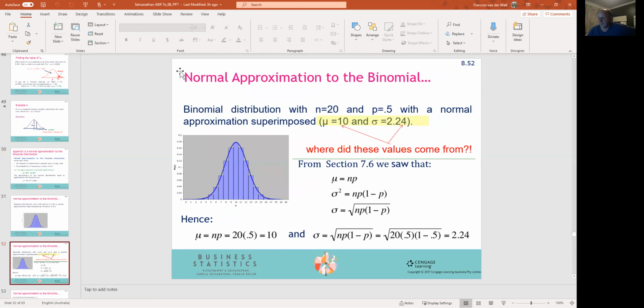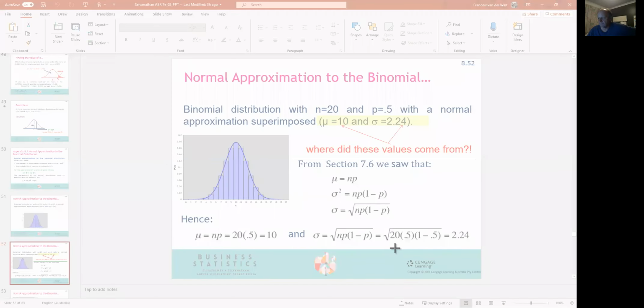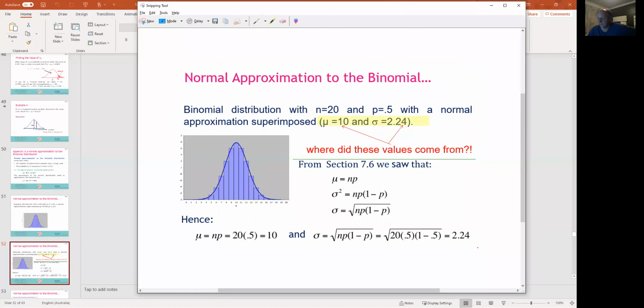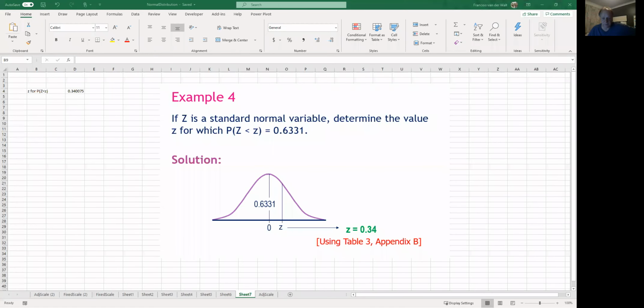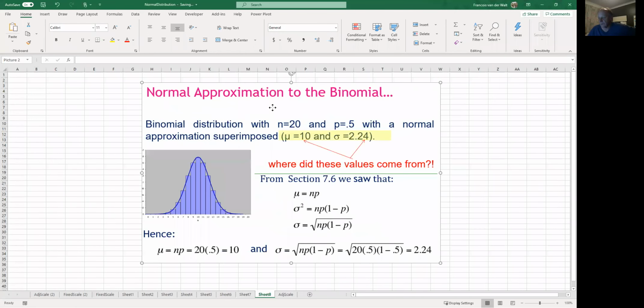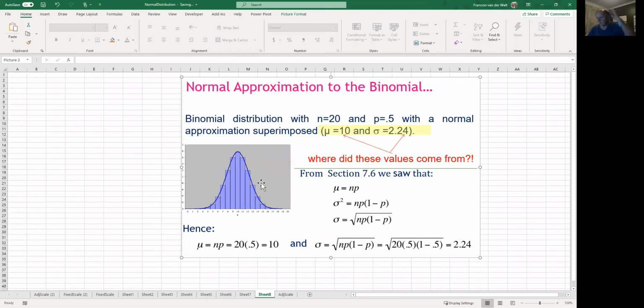And in Excel, you can do the binomial distribution, there are formulas for it. So in that sense, you don't have to worry too much about it. Let's just check this one. If, for example, I do this example in two different ways, one using the normal distribution approximation and one using the binomial distribution, let's see what it comes up with.